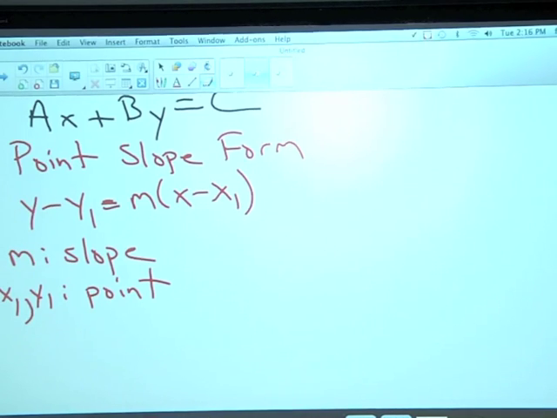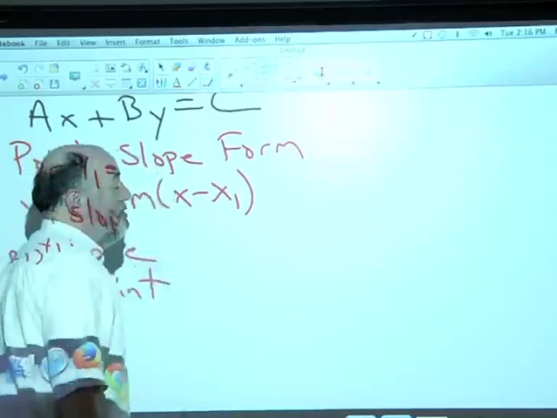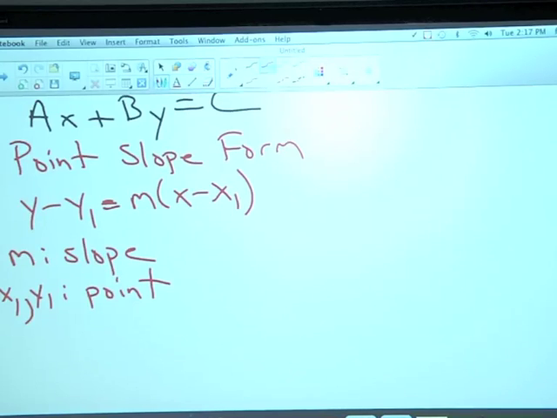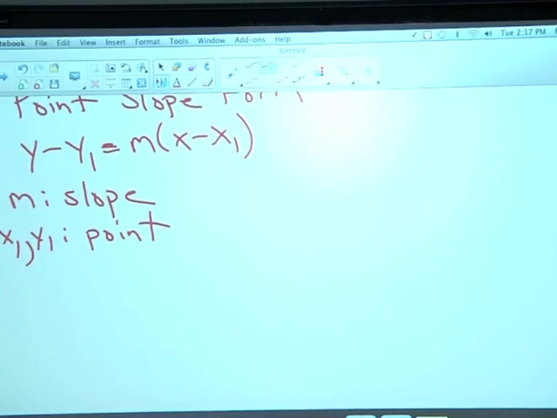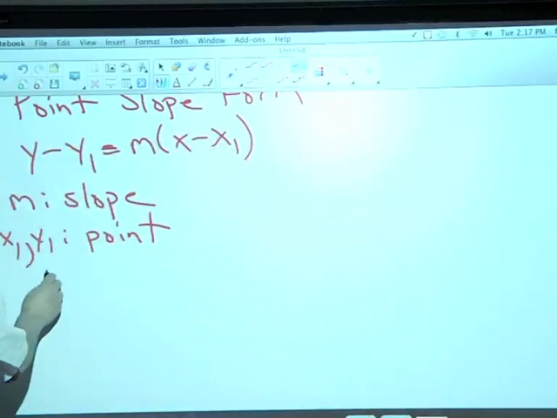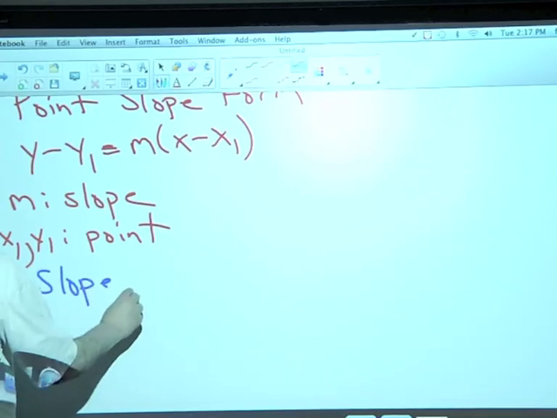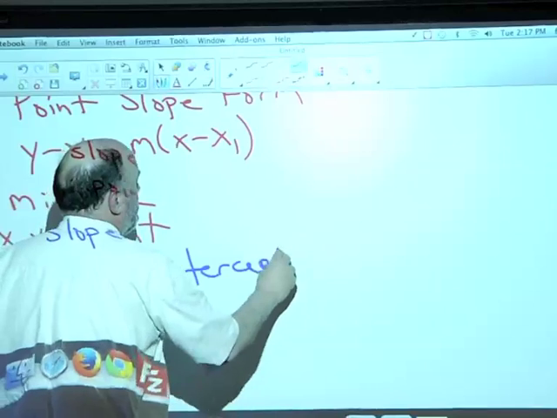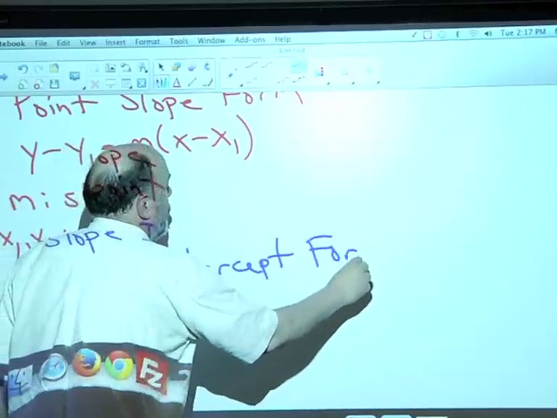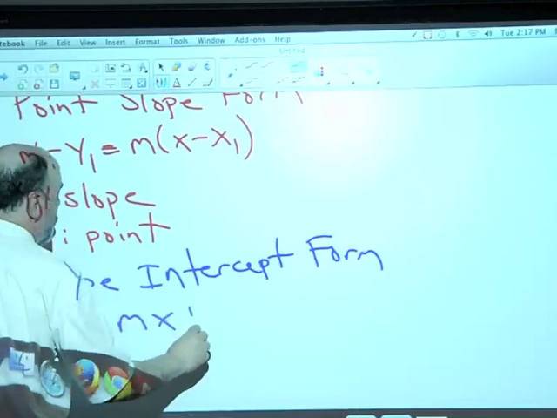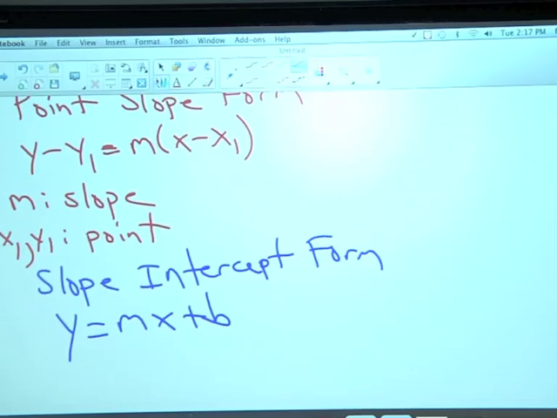Okay? Right? And then the last form, which is one that is probably everybody's seen before and are used to seeing, and that is the good old slope-intercept form. And that equation is y equals mx plus b. And that's probably the most common way you see an equation of a line.